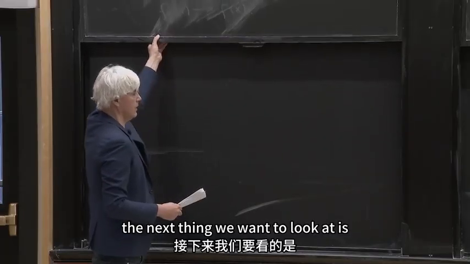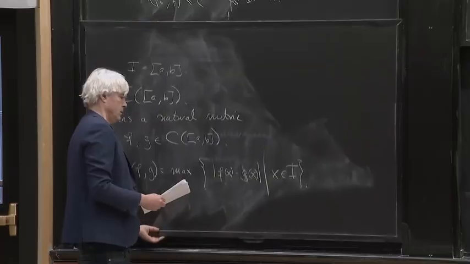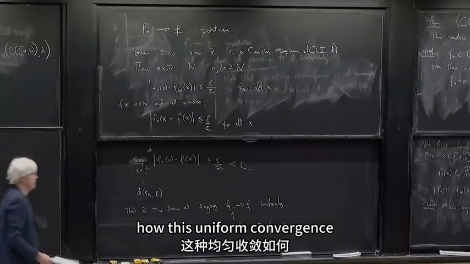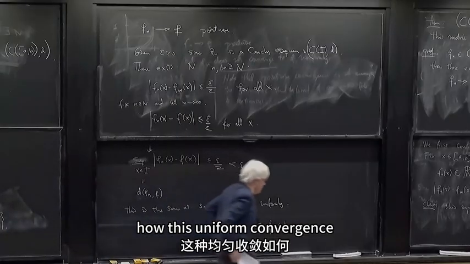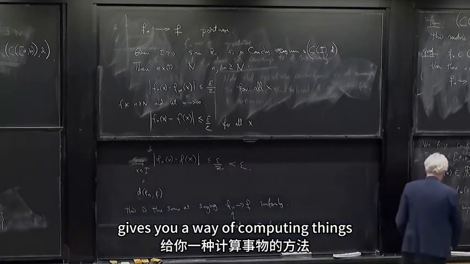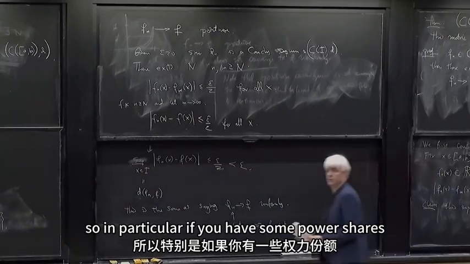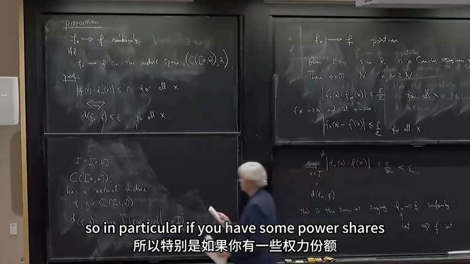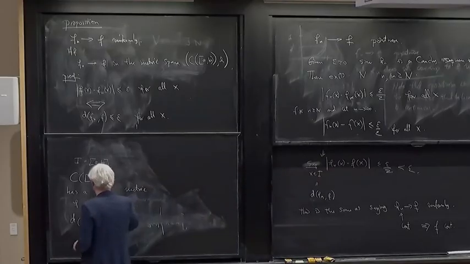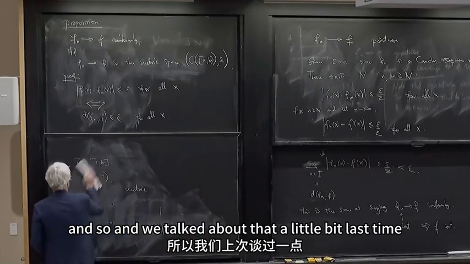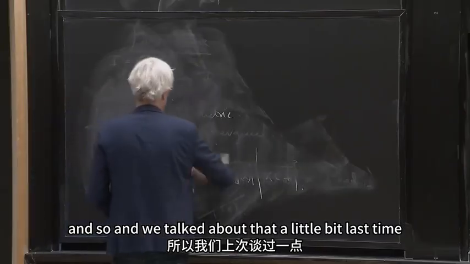The next thing we want to look at is how this uniform convergence gives you a way of computing things. In particular, if you have some power series, and we talked about that a little bit last time.